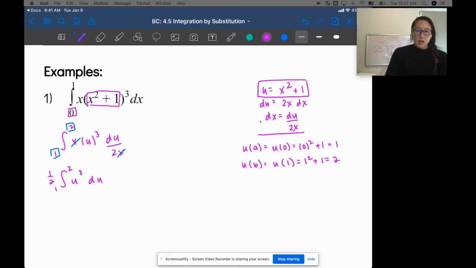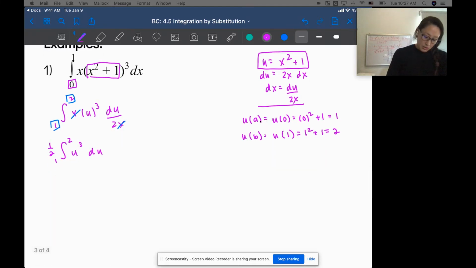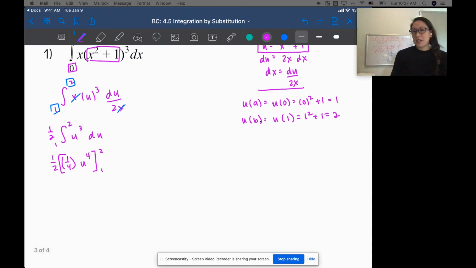Okay, all right, so we're going to take the definite integral. So I have u to the 4th, I need to multiply by 1/4 then, and we're going to integrate from 1 to 2. All right, now since we changed our upper and lower bounds, we can just substitute in 2 for u.